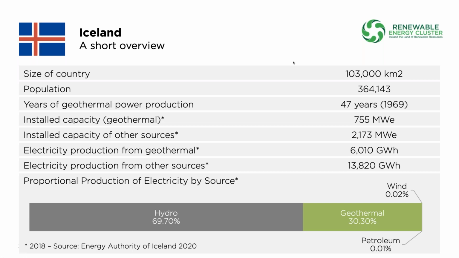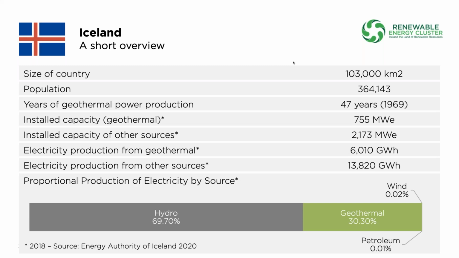The size of the country is around 103,000 square kilometers and it has about 360,000 people. So in the global context, it is a really small country. And in the context of geothermal and its importance to the Icelandic community, it is important to state that in electricity production it only represents about 30%.